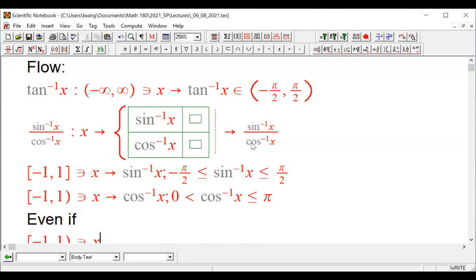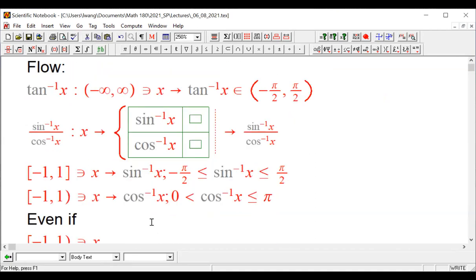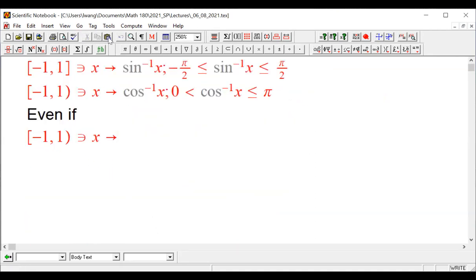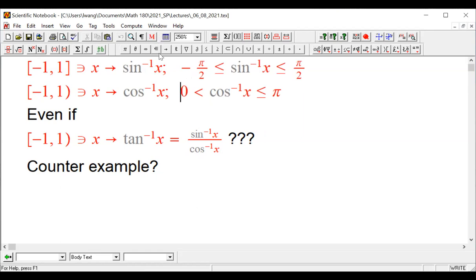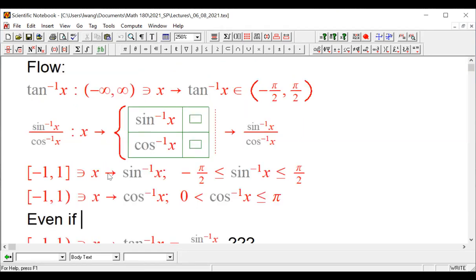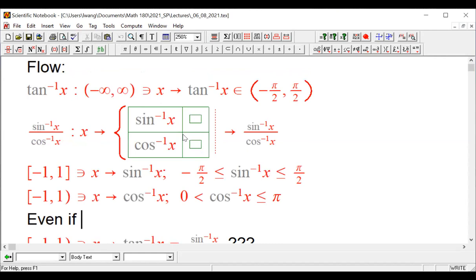Will this be true? Even with this restriction, will this be true? Do we have a counterexample? From what we just analyzed, we need to take care of the domain, and we need to make all three parties happy.